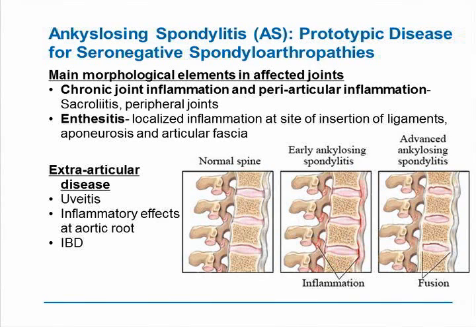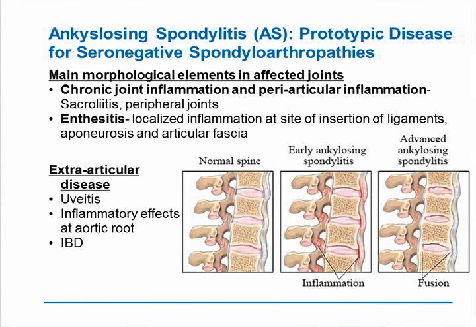But let's also remember that ankylosing spondylitis can be complicated by extra-articular manifestations that can really be very disabling, and the small vessels of the eye can be affected for uveitis, as well as near the aortic root. There's a particular type of inflammatory and fibrotic lesion that can actually result in cardiovascular events, can be just life-threatening.